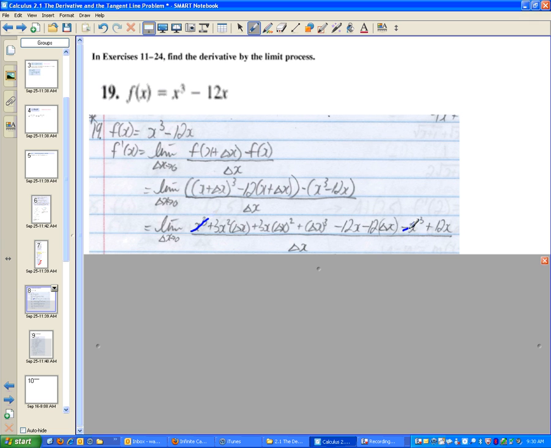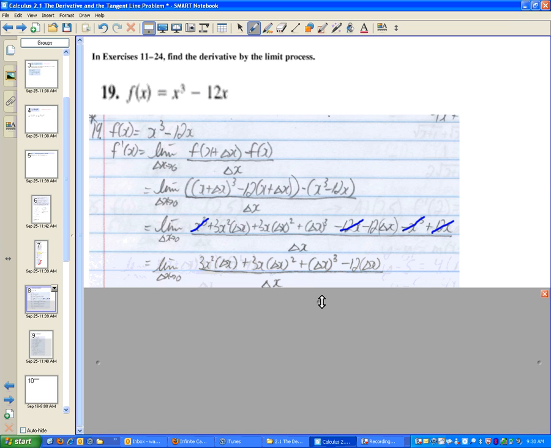So we can do that and that. So we've got the limit as delta x approaches 0 of 3x squared delta x plus 3x delta x squared plus delta x cubed minus 12 delta x.